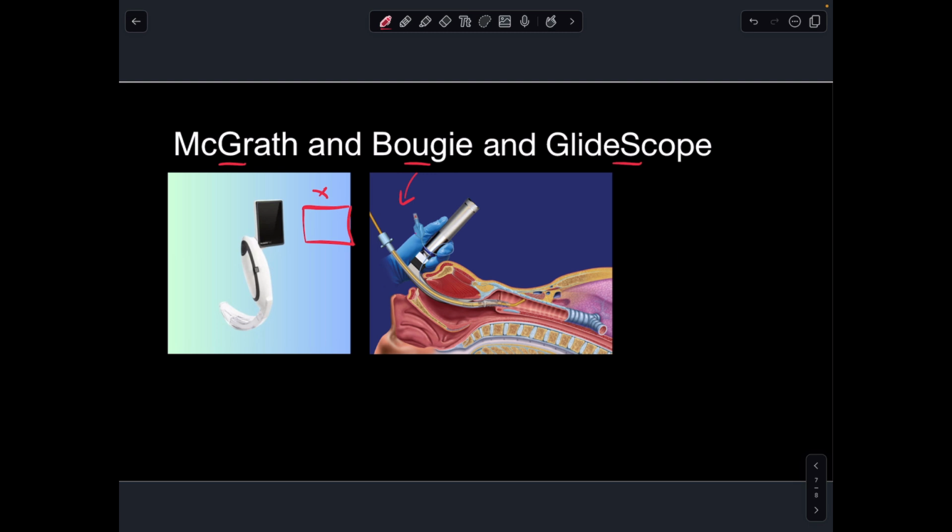Now, one of the biggest dangers of using a glide scope or video laryngoscopy is that most of the time you're going to be unable to visualize the endotracheal tube all the way to the glottis, because that's the whole reason you're using the glide scope: you're having difficulty visualizing the glottic structures.